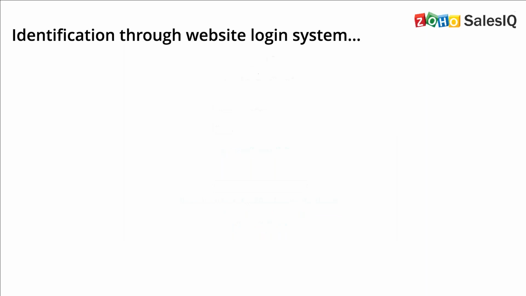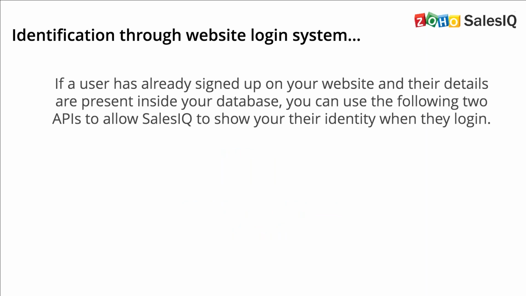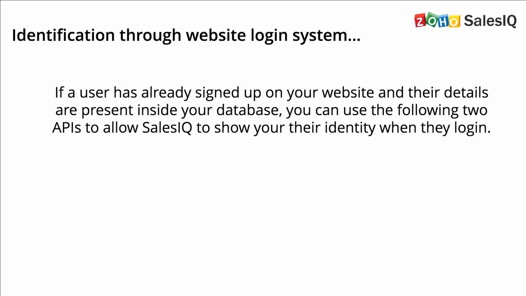So what you need to do to connect Sales IQ to that is simple. The person who creates an account only will be able to sign into your website, because they're going to use the username and password. So what you're going to do is connect Sales IQ to that database of yours, where all the people who registered, their details are going to show up.